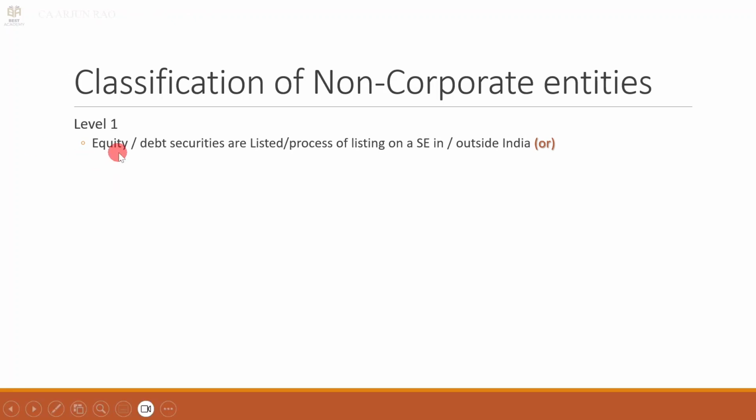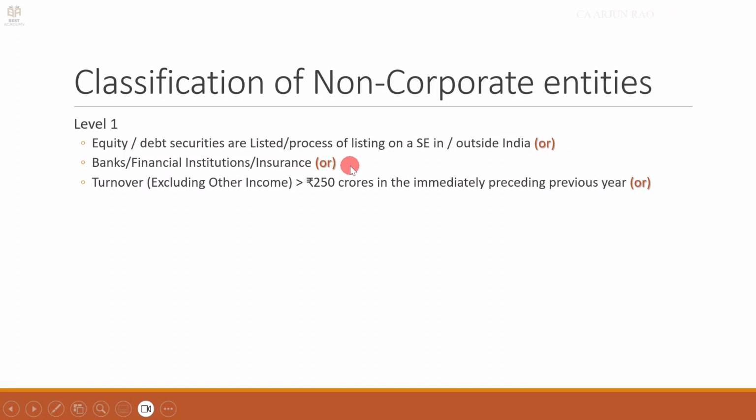So either its equity or debt securities may be listed or may be in the process of listing on a stock exchange in or outside India, or the entity is a bank or a financial institution or an insurance entity, or the entity has turnover excluding other income greater than 250 crores in the immediately preceding previous year.